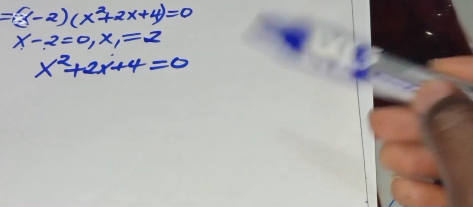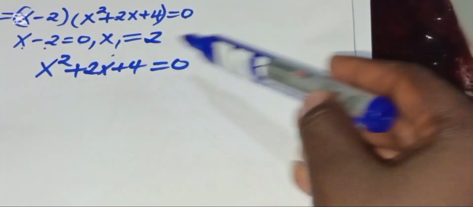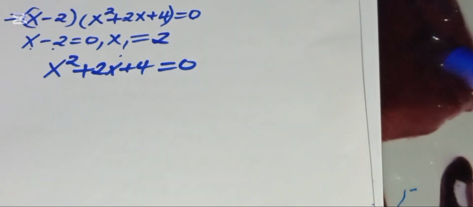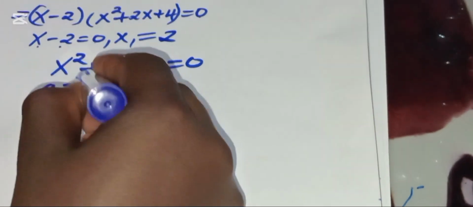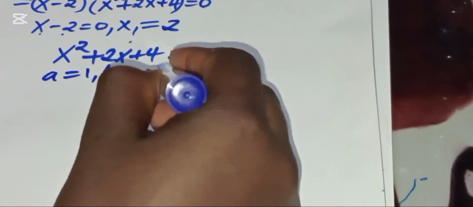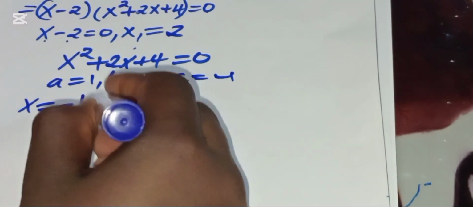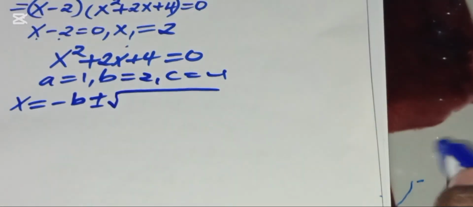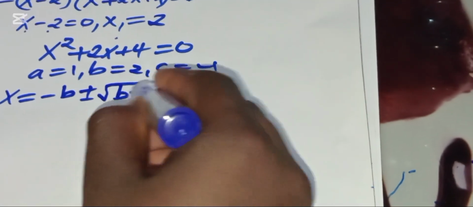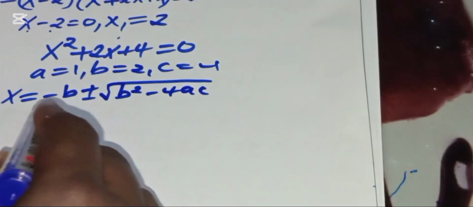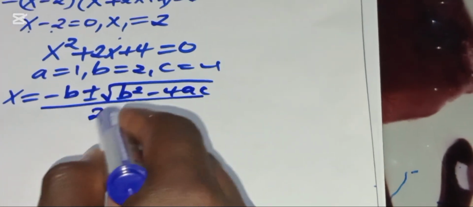So from the second part of what we have in the parentheses, we have x squared plus 2x plus 4. This is a quadratic equation whereby a is equal to 1, b is equal to 2, and c is equal to 4. Okay. So applying the quadratic formula, x is equal to minus b plus or minus the square root of b squared minus 4ac, divide everything by 2a.